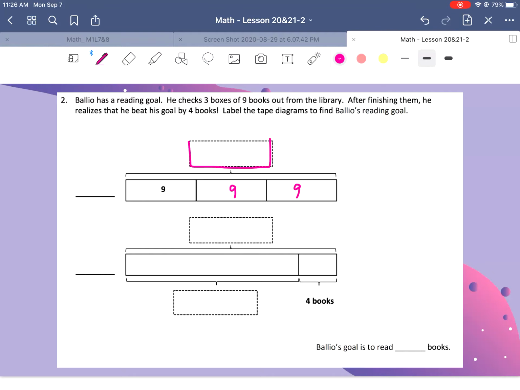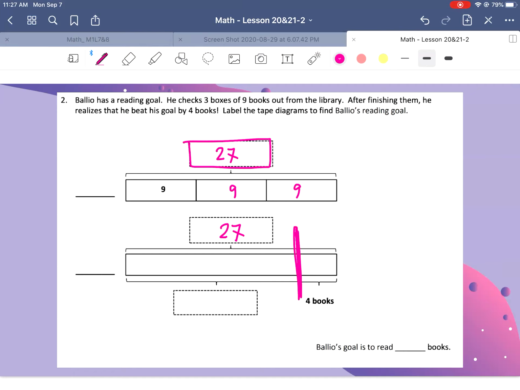So here, in this box on top, we need to write down the total number of books, which is 9 plus 9 plus 9, 27. So after finishing them, he realizes that he beat his goal by 4 books. So we know that the total is the same, 27. And then, so this was his goal line.